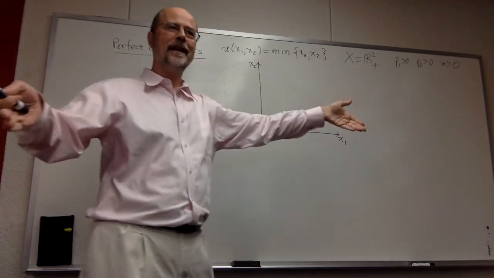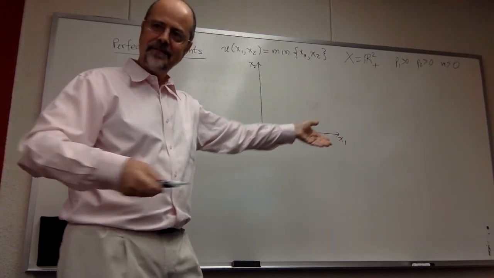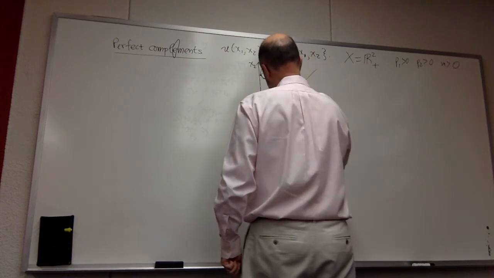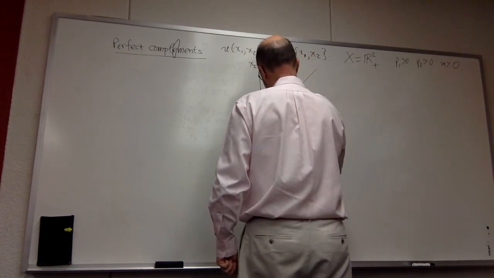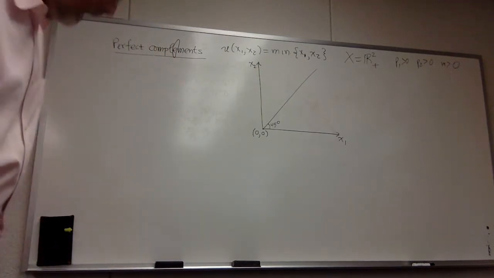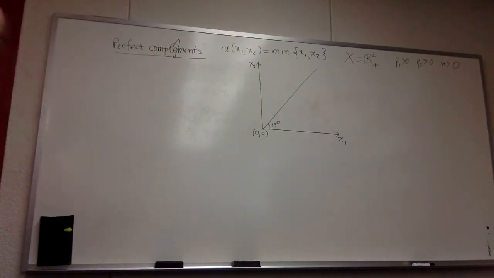For the same reason, really, that it was interesting before. So let me draw it. Here it is. Once again, I will start with a randomly chosen point, and I will ask where are the other points that are indifferent to it, and draw the indifference curve.